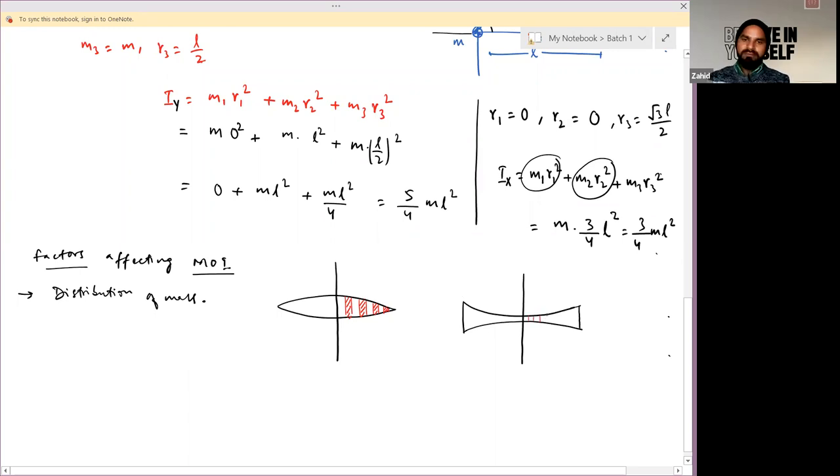But in this concave part, as we go from the axis to the end, mass is increasing. So the greater the mass distributed at its end, the more moment of inertia it will have. That's why the moment of inertia of a concave lens is greater than that of a convex lens.